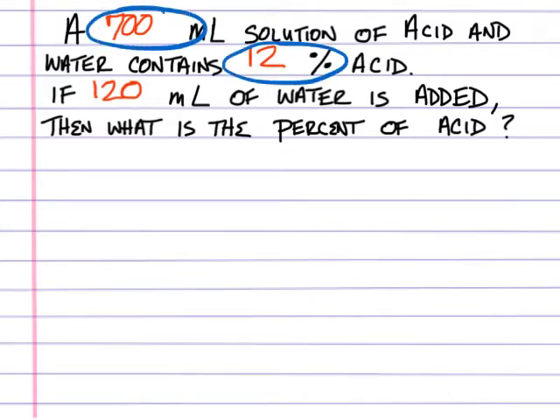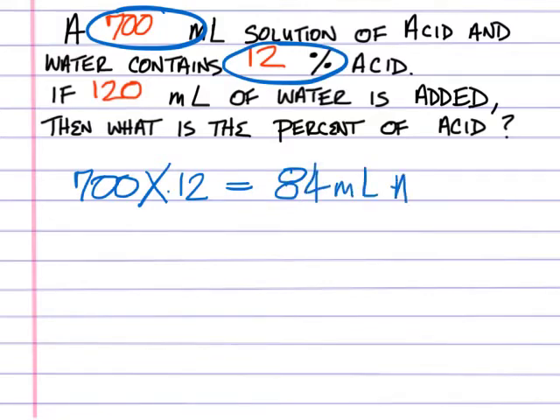So we must find what that translates to in milliliters. So you start with 700 and times by 0.12. 700 times 0.12 is 84. 84 milliliters of acid is what we have so far.